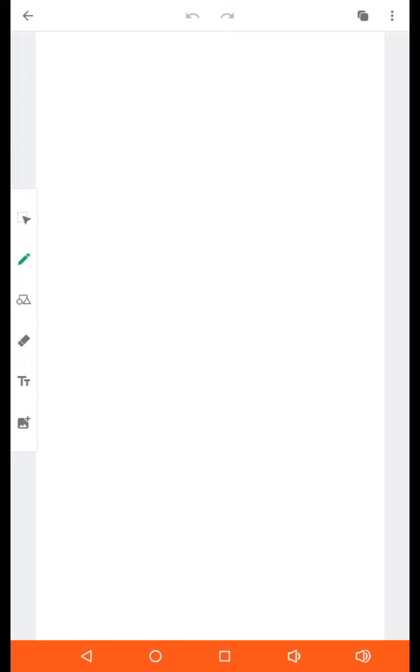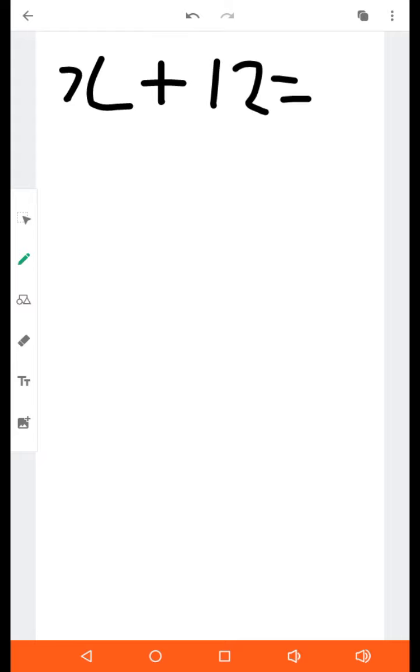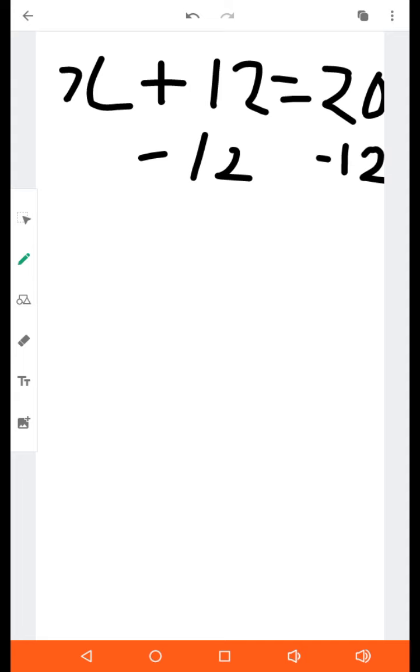Take another one. x plus 12 is equal to 20. So the additive inverse of 12 gives us negative 12. So we add negative 12 to both sides of the equal sign.